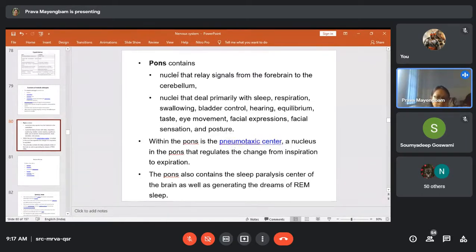And the pons has one particularly important center, the pneumotaxic center. When the neurons in the pneumotaxic center are stimulated, it will terminate inspiration and initiate expiration.